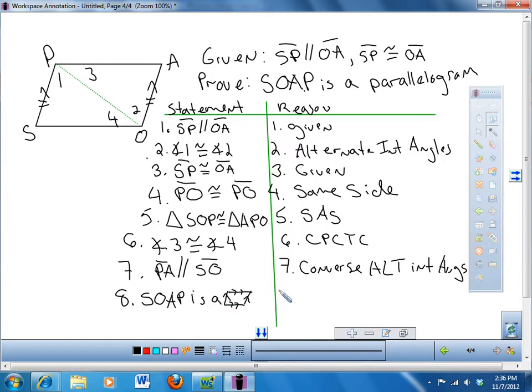SOAP is a parallelogram because, I would write something out like this rather than the definition of a parallelogram: if a quad has two pairs of parallel sides, then it's a parallelogram. Okay?